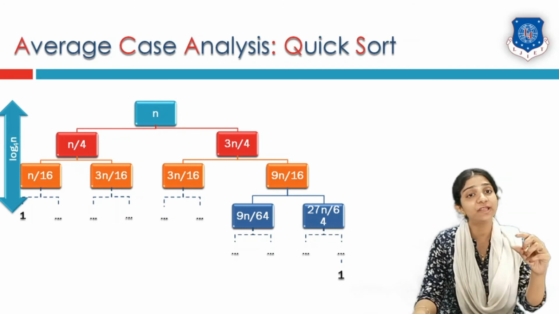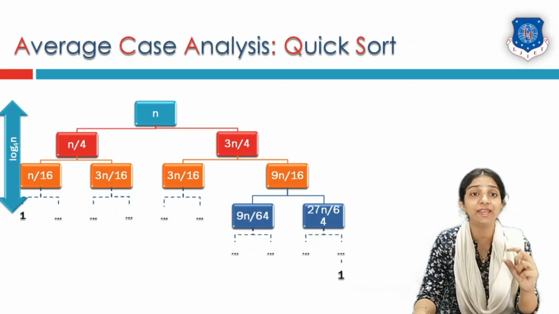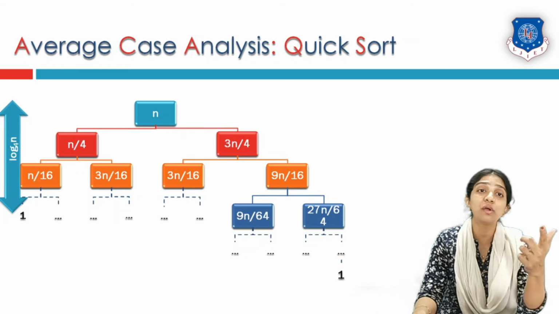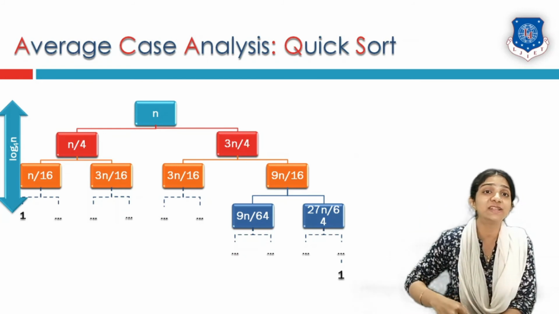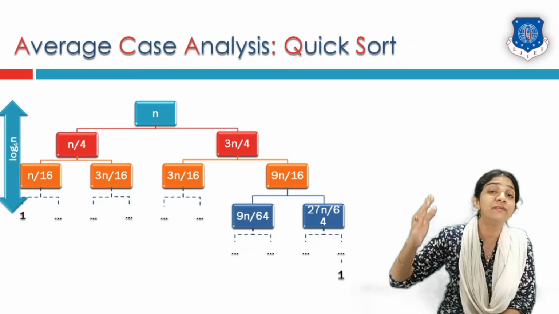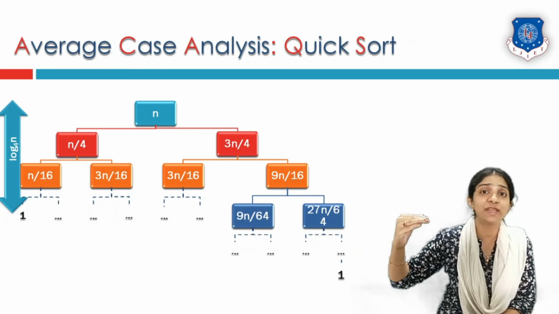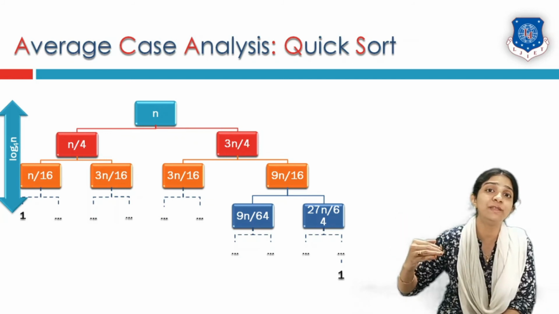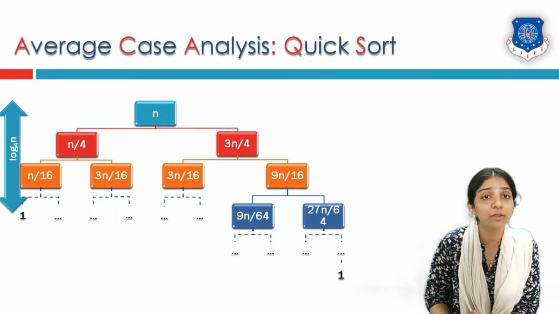The very first level where we get a single separated element is log of n to the base 4, because the left branch is always dividing by 4, 4, 4, 4. So first it would be divided by 4, then by 16, then by 64, and so on until it becomes 1.